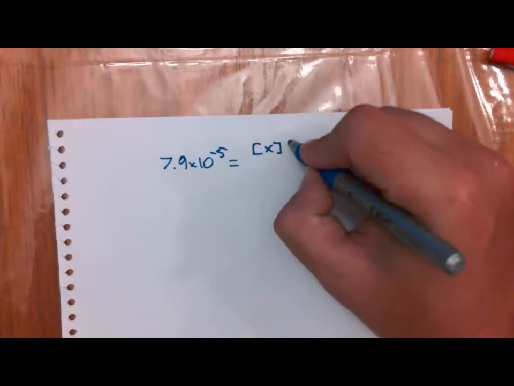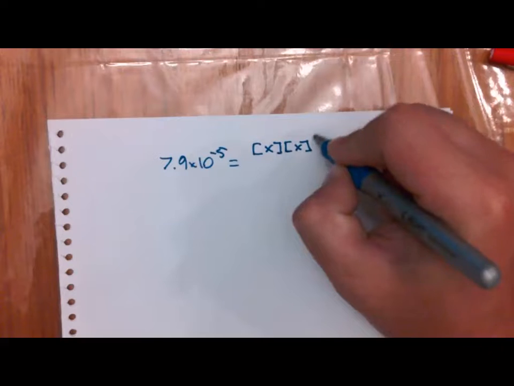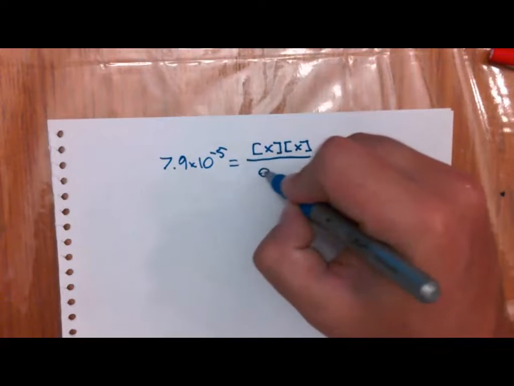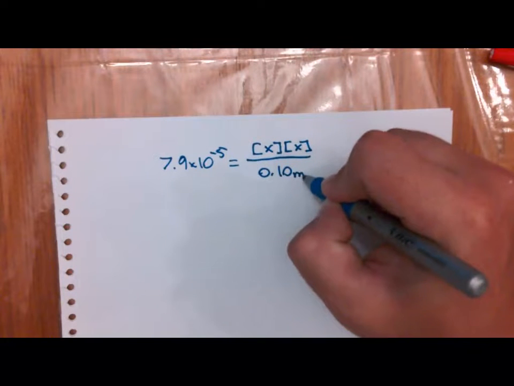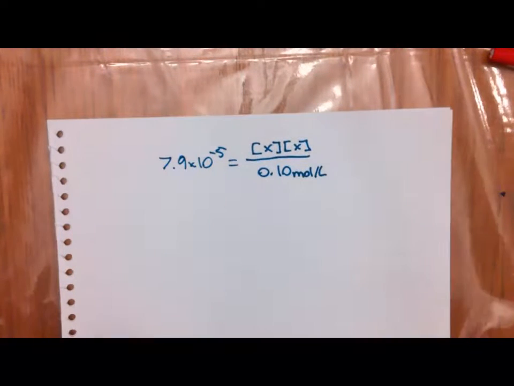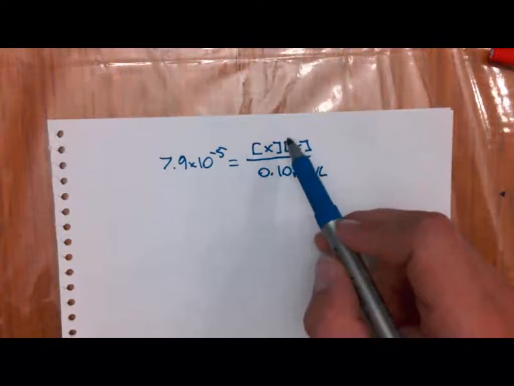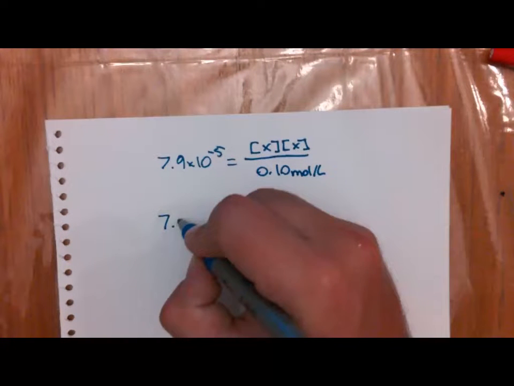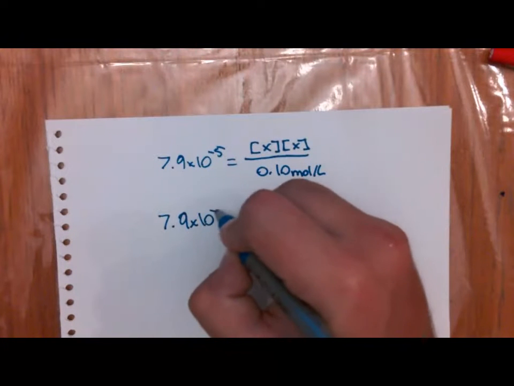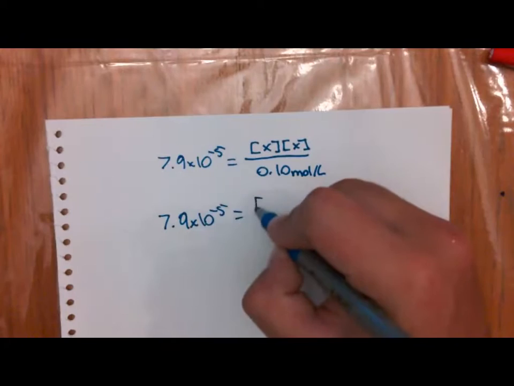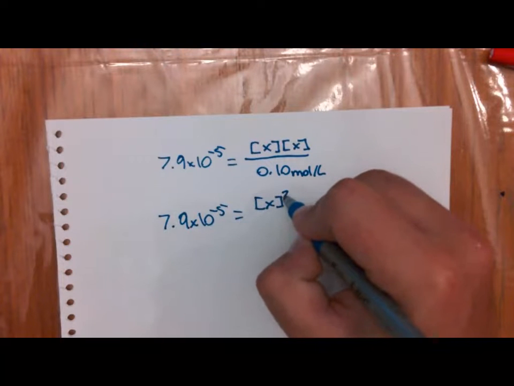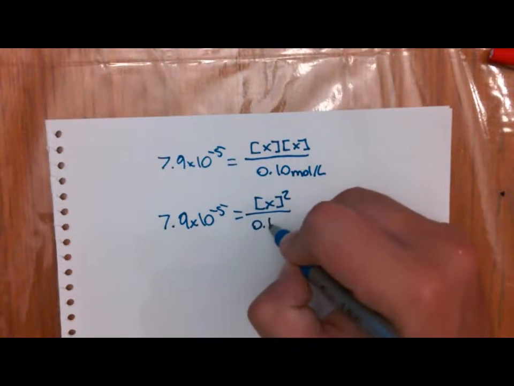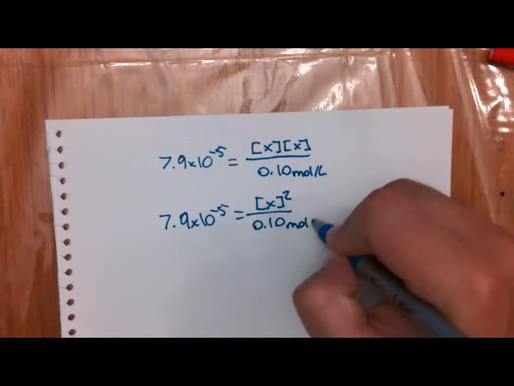I'll write it out all the way for right now. All over 0.10 moles per liter. This is obviously going to condense as these multiply together into x squared, so it will look like this. All over 0.10 moles per liter.